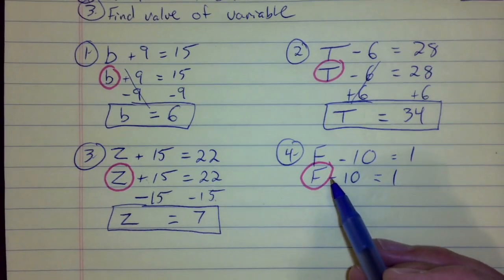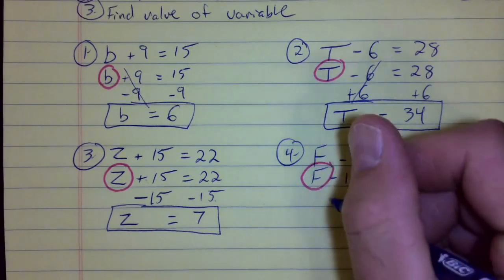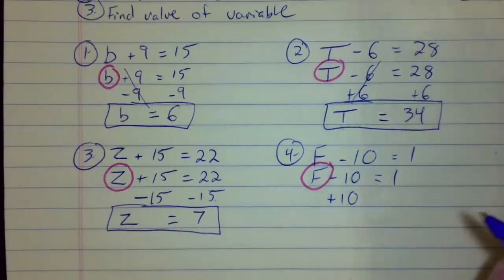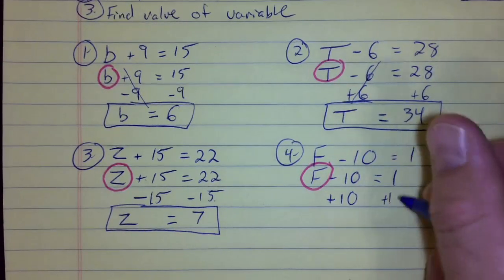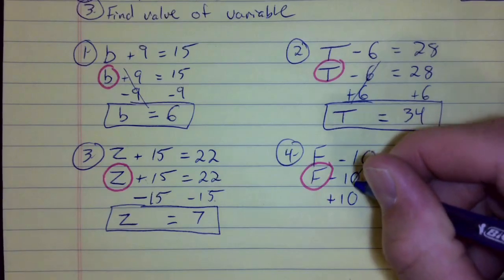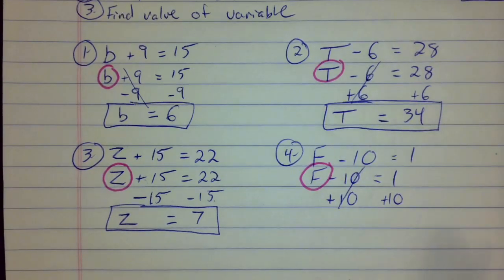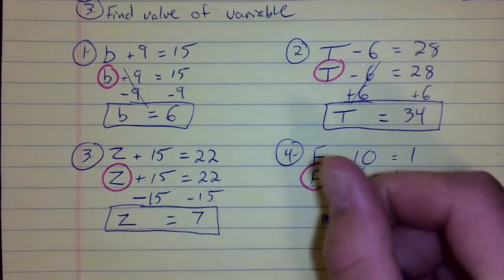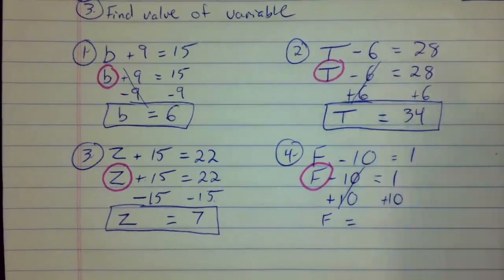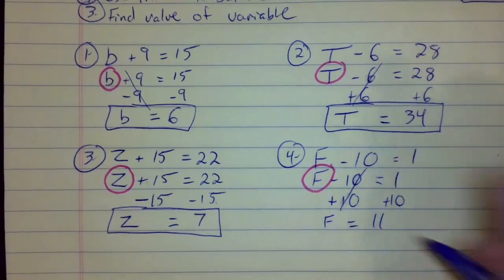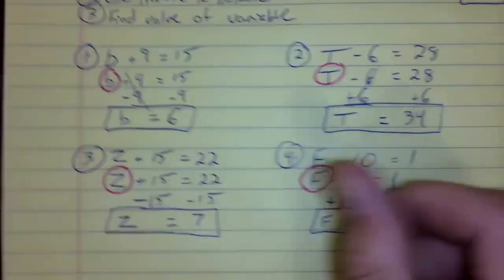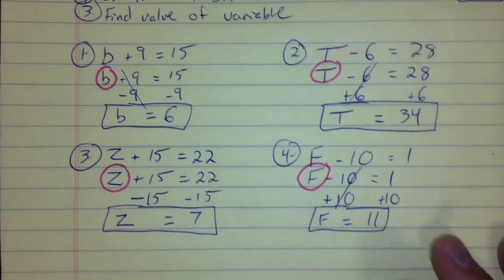Well, using the inverse of subtraction, which is addition. Go ahead and plus 10 to one side, plus 10 to the other. Cross off what you have already canceled out. That cancels out. So now all that's left is f equals 1 plus 10. F equals 11. 11 is your answer. That's it.